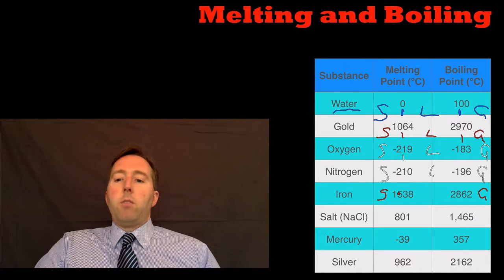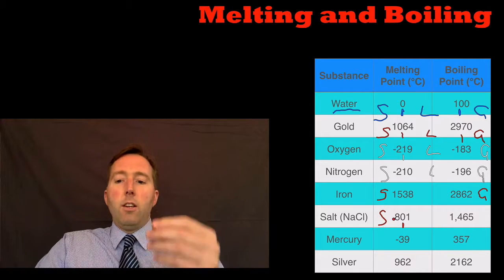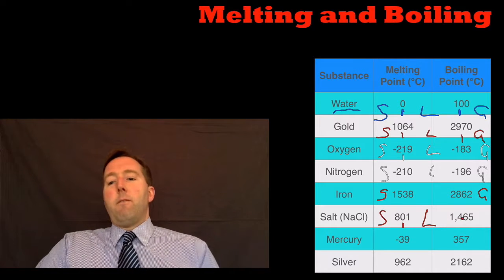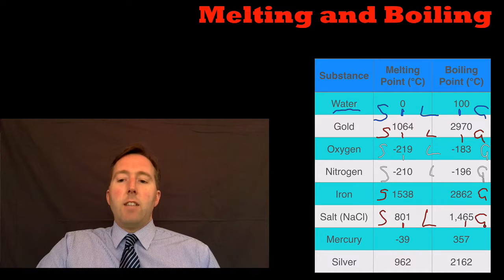Again, we can look at melting points and boiling points. Sodium chloride, the salt you put on your chips: anything hotter than 801 degrees, it'll go from a solid to a liquid. You keep heating salt more than 1465 degrees, 1466, it'll turn into a gas.